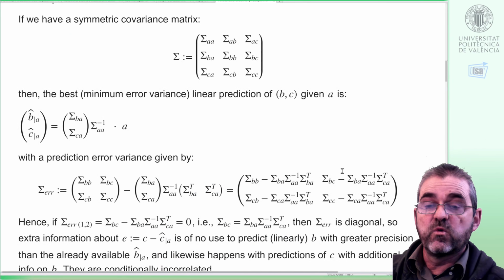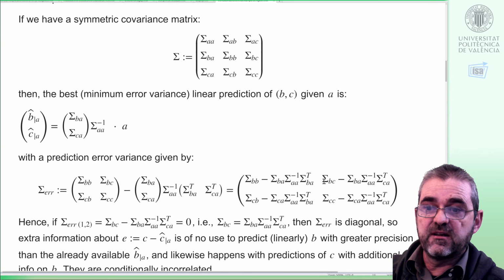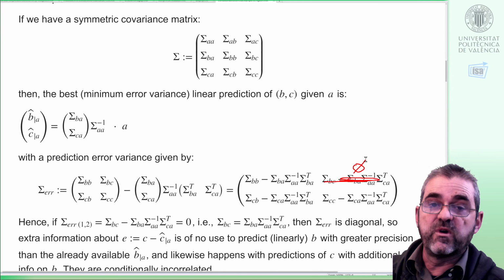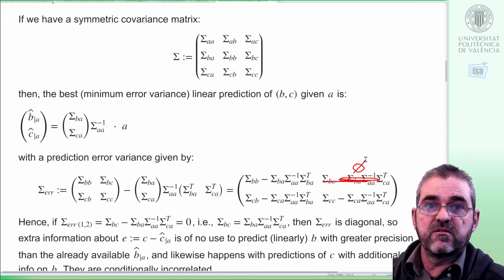Okay, so let us conclude. In this video, we discussed the conditional uncorrelation when the residual of the best prediction of some variables given others was diagonal. This restricts the ideas on conditional independence to the case in which we are wishing to make linear predictions.